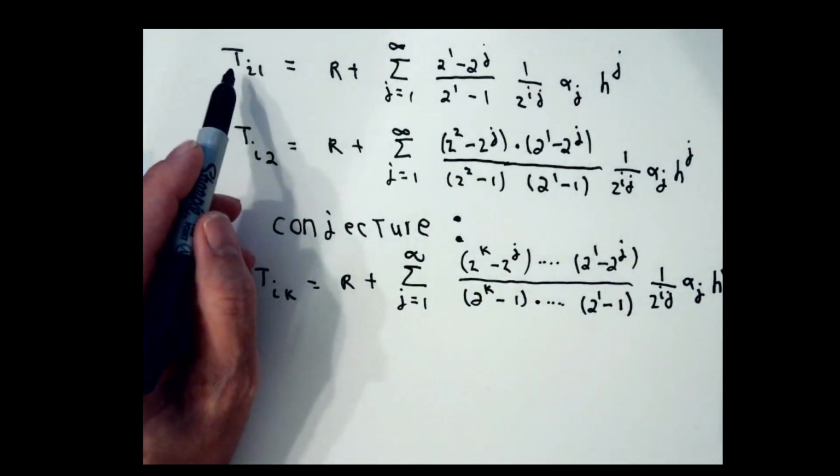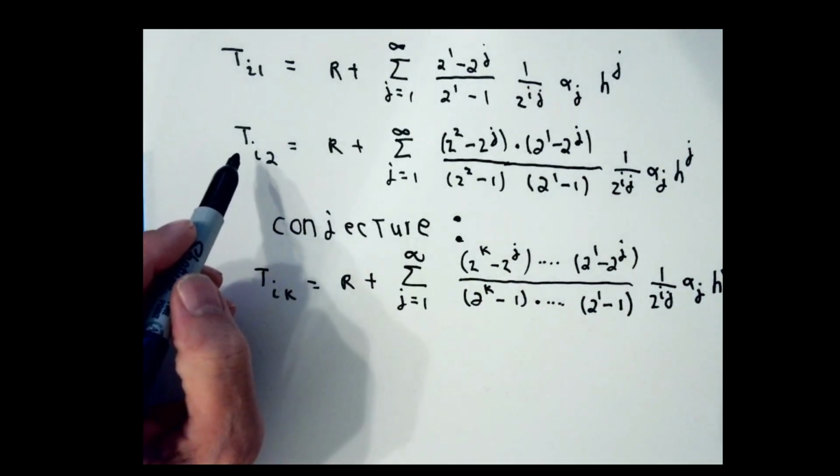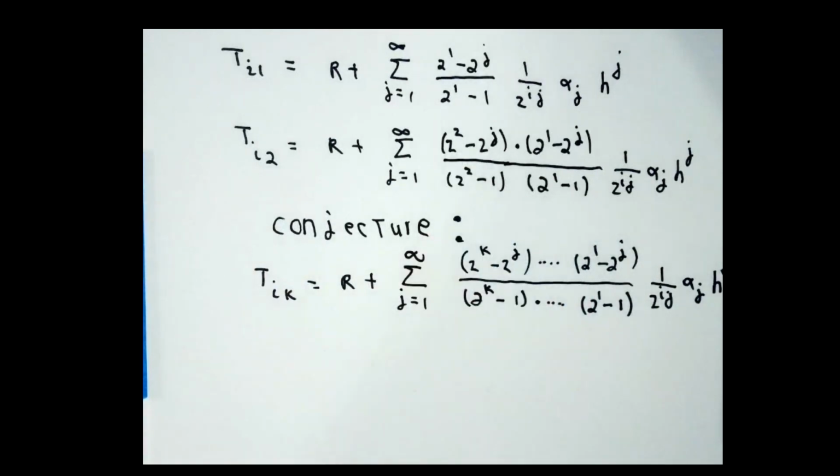When we went from the first column to the second column, we introduced an extra factor. So I predict, I guess, I conjecture that every time I go to the next column, I'm going to pick up an extra factor upstairs and an extra factor downstairs.